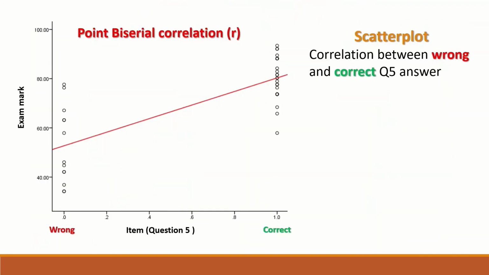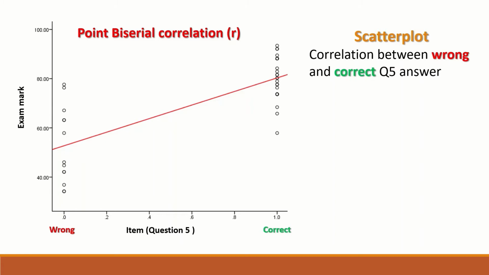In this slide, this is a scatter plot showing the correlation between wrong and correct answers for question number 5. As we can see, the y-axis is labeled exam mark from 0 to 100, and the x-axis is labeled 0 and 1, where 0 means wrong answer and 1 means correct answer.